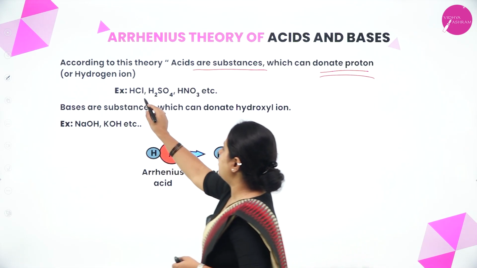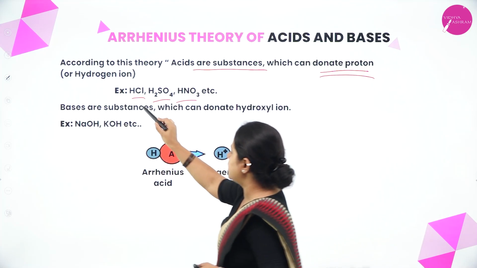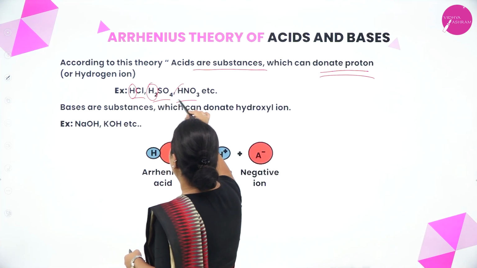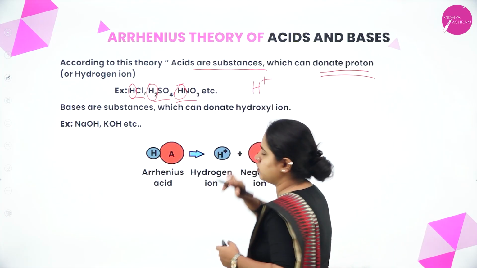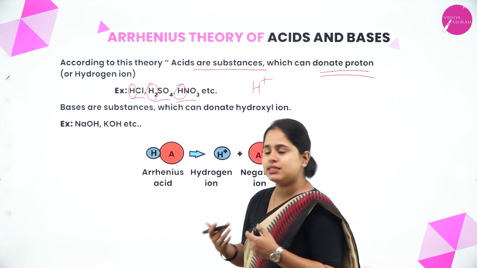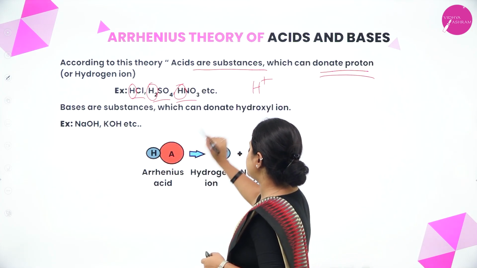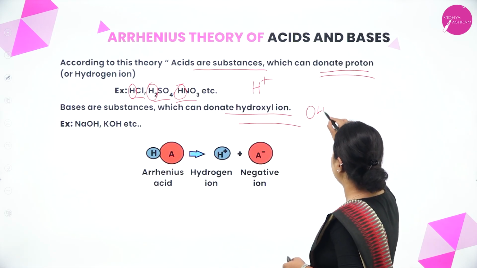For example, you have HCl, H2SO4, HNO3. In all these cases, you can see a hydrogen atom, and that is your proton. Protons means H plus ions. It can donate H plus ions, so such substances are called acids. And bases are substances which can donate hydroxyl ions, that means they will contain OH minus.